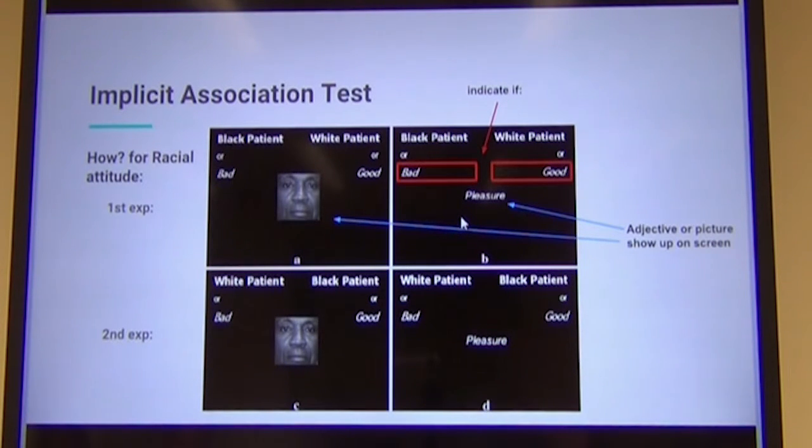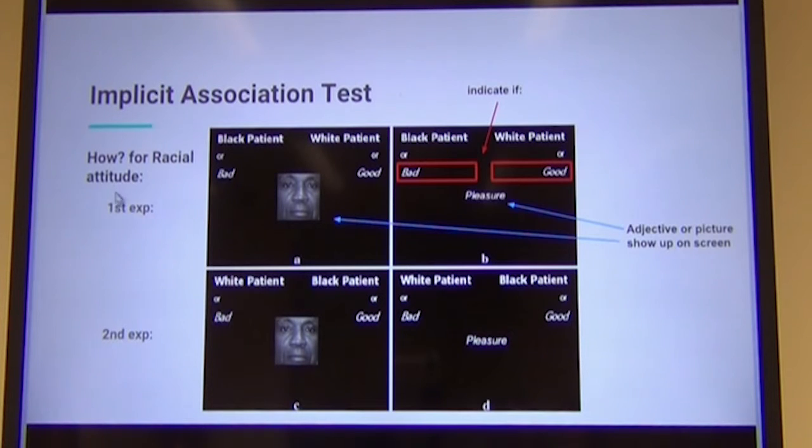In your task, you have to indicate whether the picture you see is a white or black person. And then when you see a word, you have to indicate by pressing a button whether that word is a bad or good word. And then this task will be divided into at least two parts.